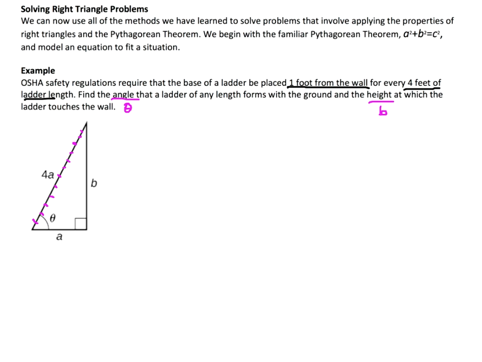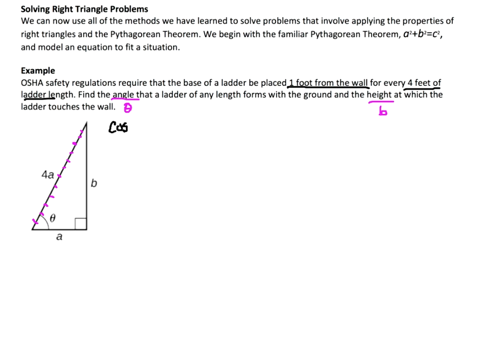So they just used A's for that. So A, that's understood 1A for 1 foot, and there are 4 feet of ladder length. The reason we used variables is because we want to know for any size ladder. We want an expression that we can just plug in the size of the ladder and know the angle it needs to be off the ground and how high it's going to go up the wall.